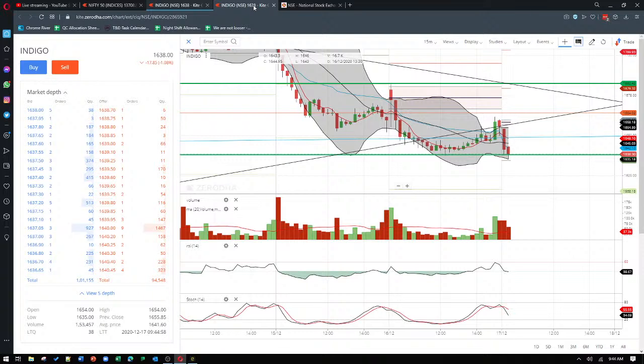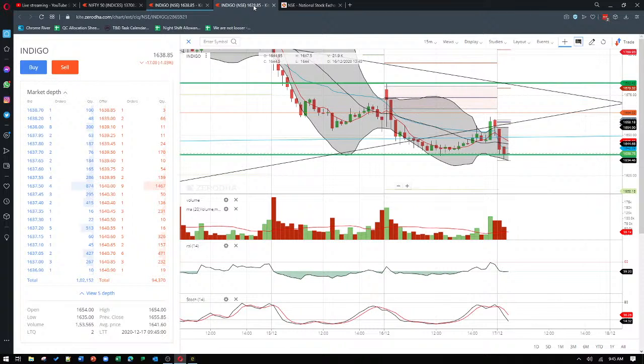All we need is one strong candle with one good volume breaking down. So that will be a very convincing direction for us.